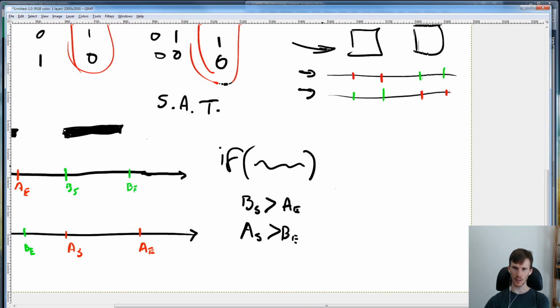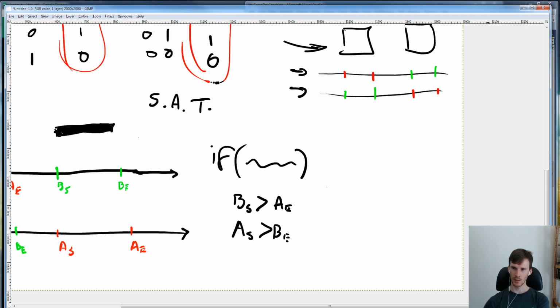So let's say that we have these things overlapping. What we're going to do is separate them out such that they are not overlapping. And so the distance here is going to equal 0.